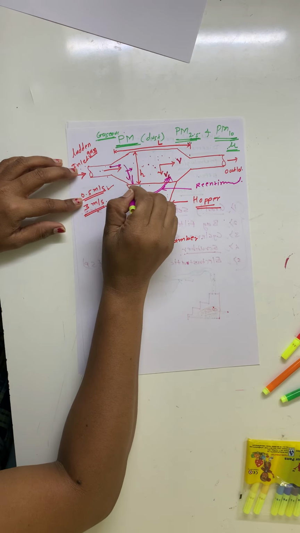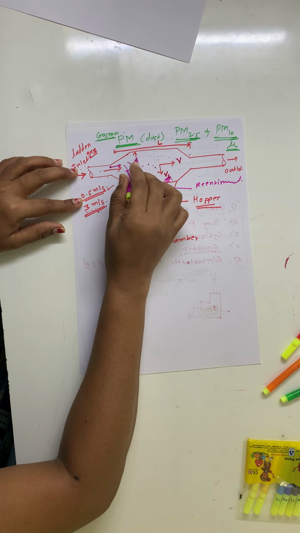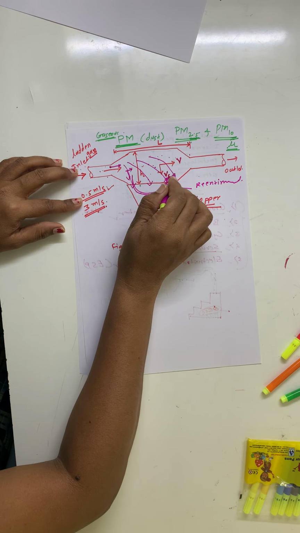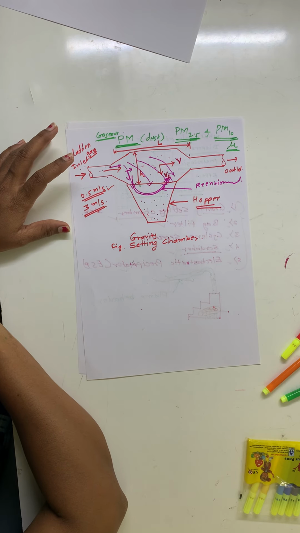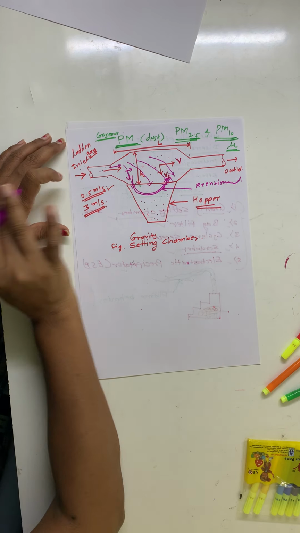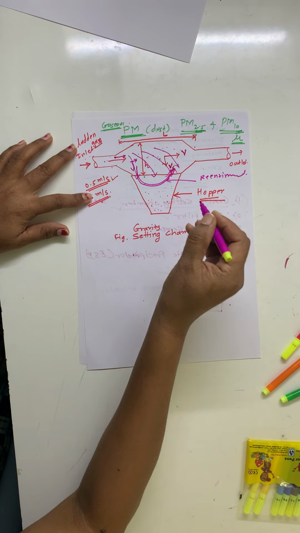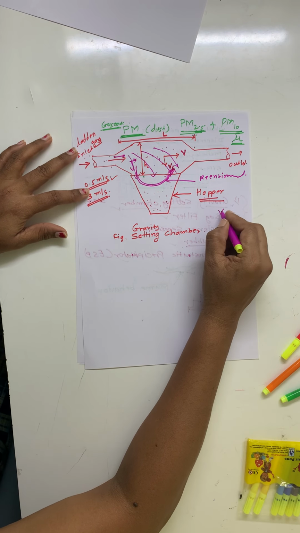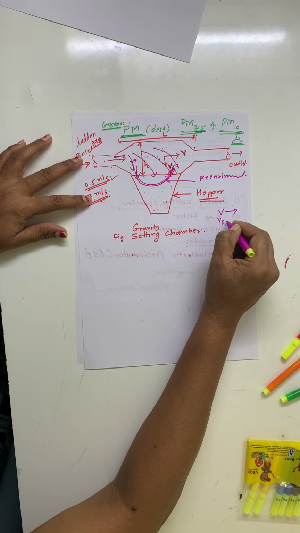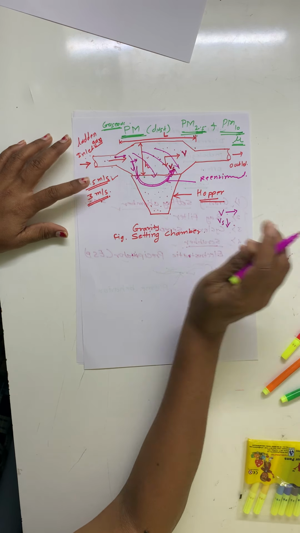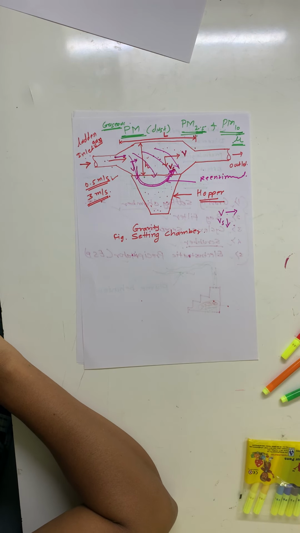So some particles may settle down here, some may settle here, or some may go and settle further along. It depends upon the size and shape of each individual particulate matter. But when is it going to settle down? When the moving velocity v of the gas is equal to the settling velocity of the particle, the particles are going to settle down.